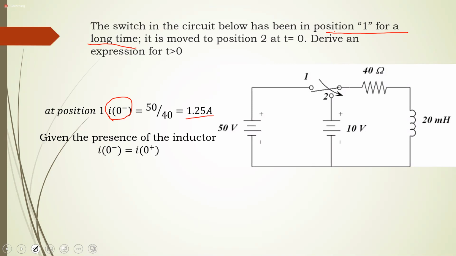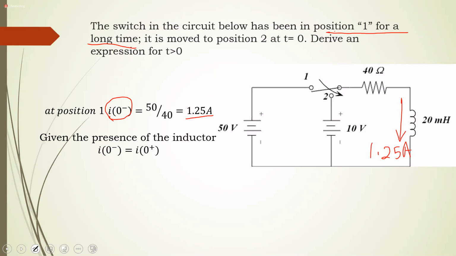So when I switch it from point 1 to point 2, the initial current would still be 1.25. Everybody clear with that? So I0 minus equals I0 plus. So the current flowing through the inductor is 1.25 at 0 plus, at the point of closing the switch.